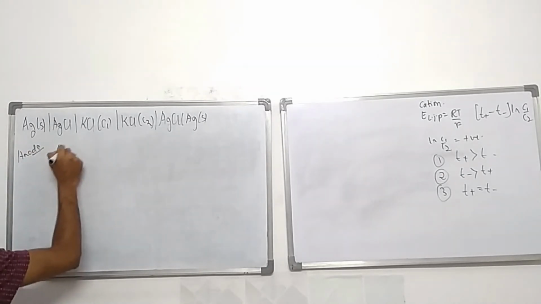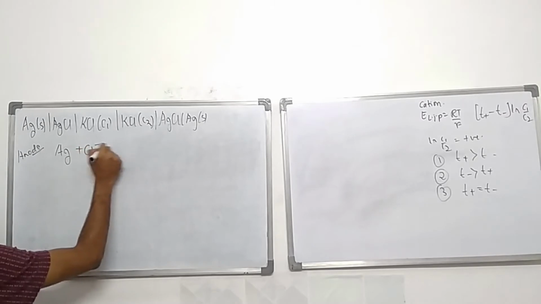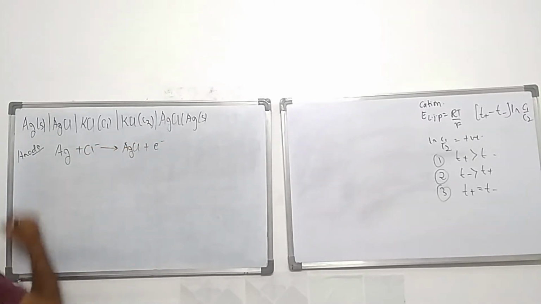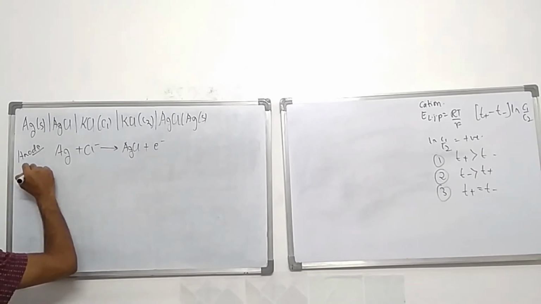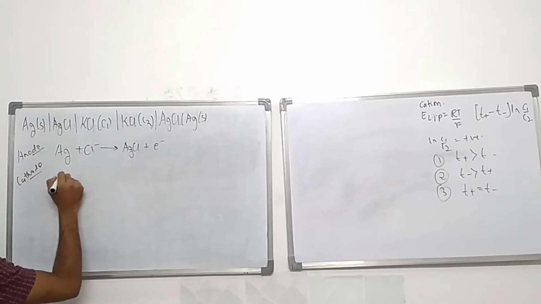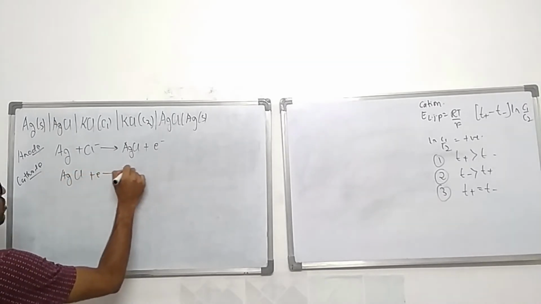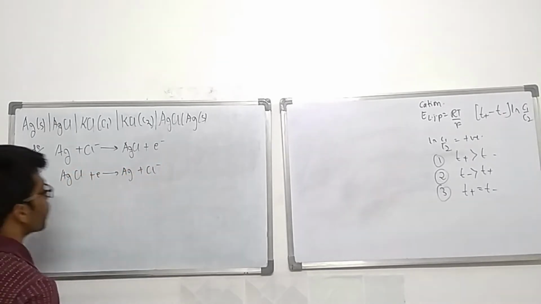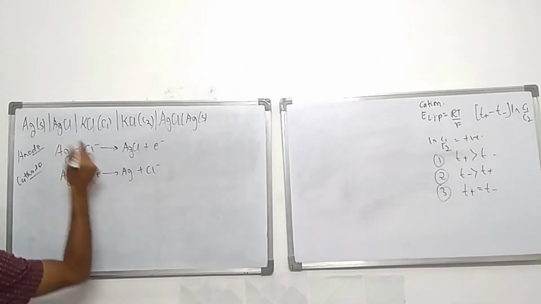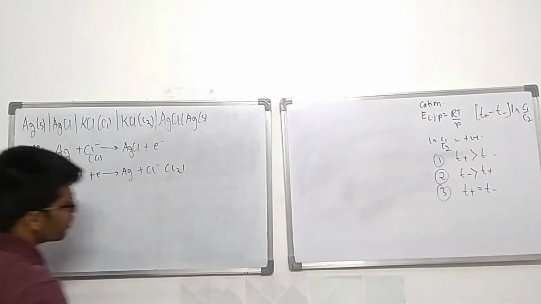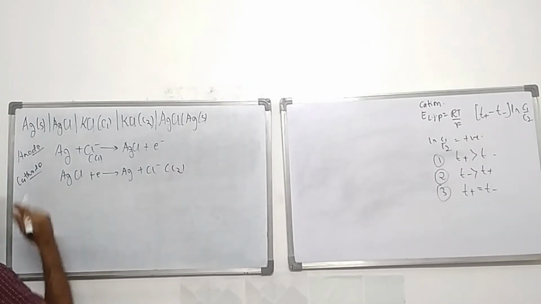The reaction is Ag plus Cl minus gives AgCl plus electron, and for the cathode, this electron is utilized by AgCl to give Ag solid plus Cl minus. Now the only difference is that this is anode, so Cl minus is at concentration C1, and here Cl minus is at concentration C2.